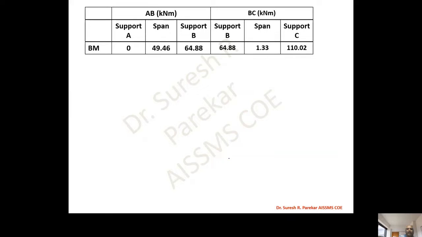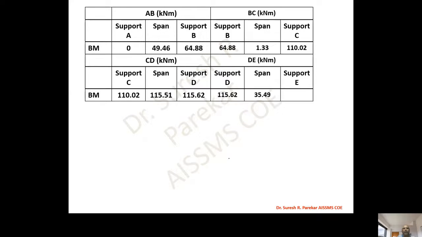And then we will write it for support A, B, then span moment, and we will get values in this way. You can see we have AB span moment 49.46, support moment 64.88. BC: support moment at B 64.88, span moment 1.33, support C 110.02.